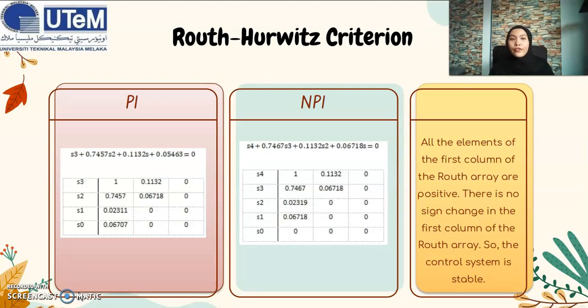Then Routh-Hurwitz criterion. The PI and NPI show that all the elements of the first column of the Routh array are positive. There is no sign change, so the control system is stable.